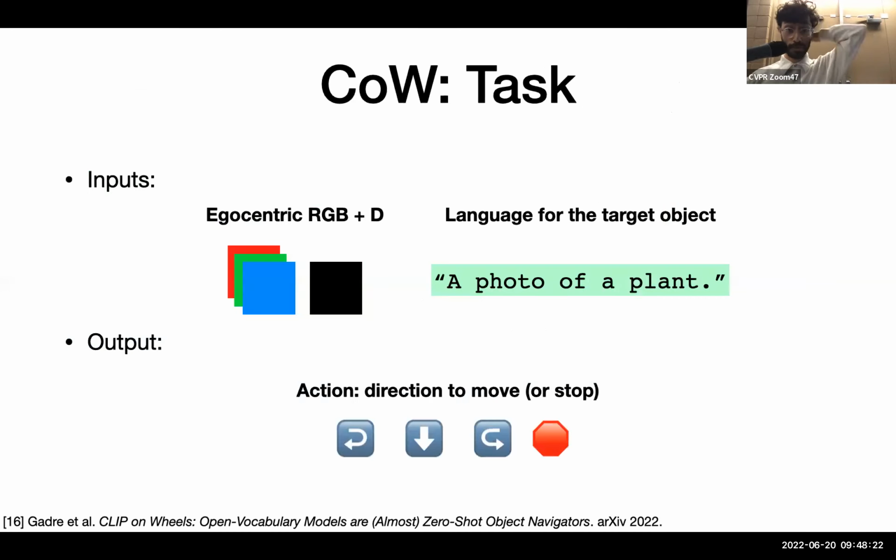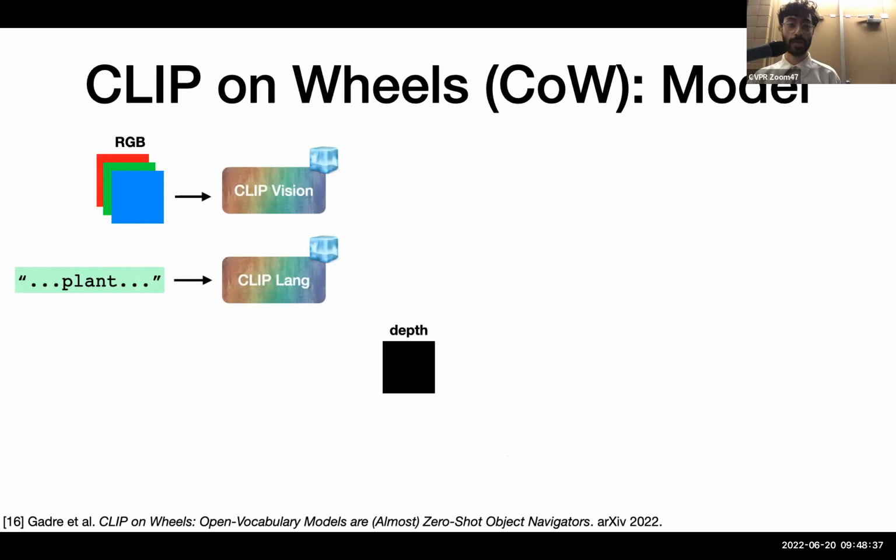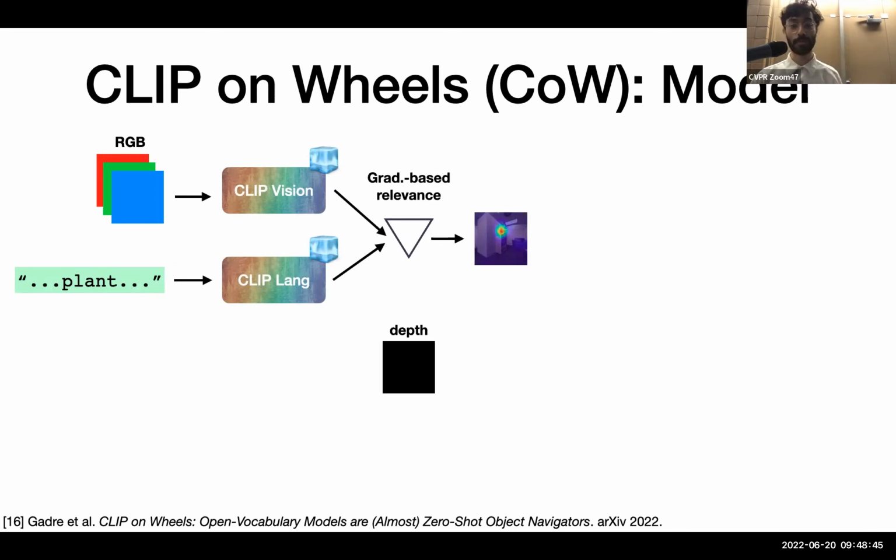So here we have as input an RGBD image and a language prompt of the target, in this case a plant, and we're going to output some discrete action, either a movement action or stop, saying that we've found the object. So again, we're going to encode the image and the language to get the features. And then we're going to use a modified version of a gradient-based relevance map method.